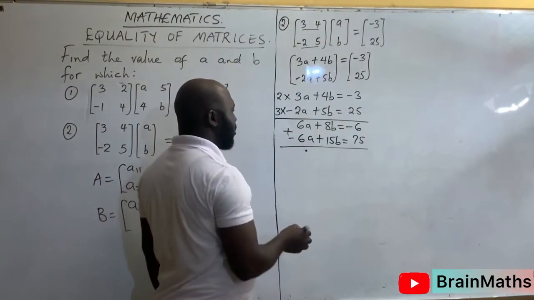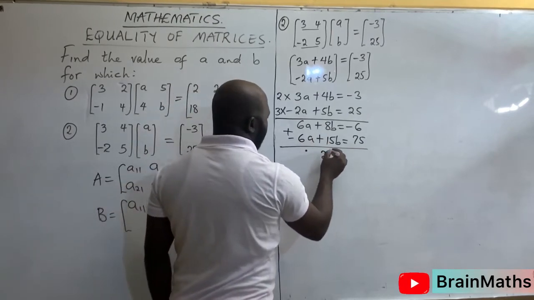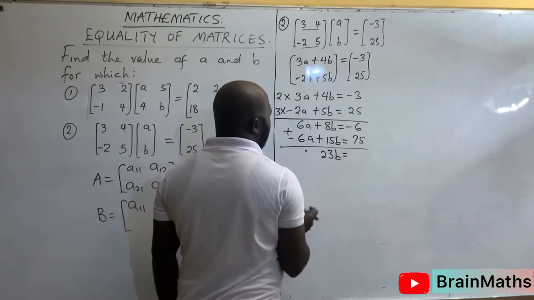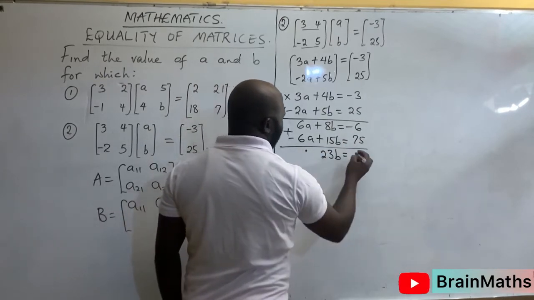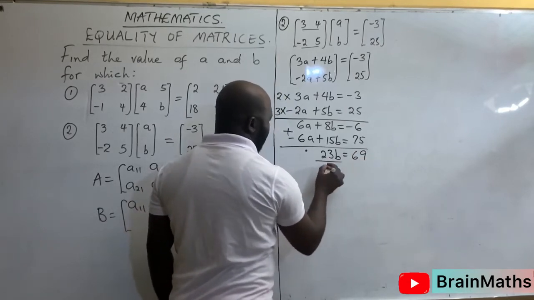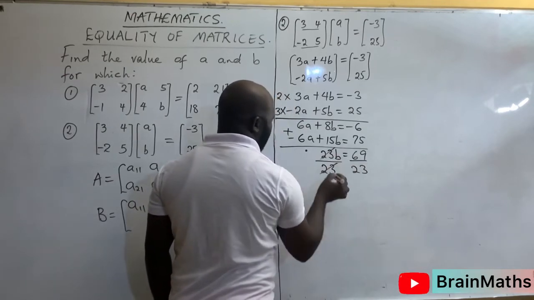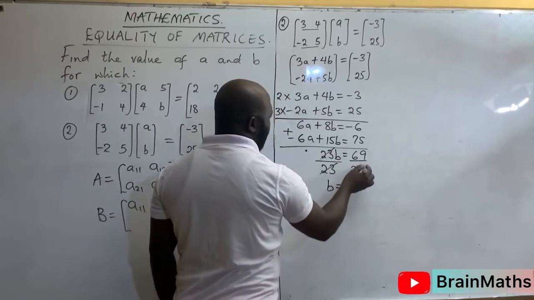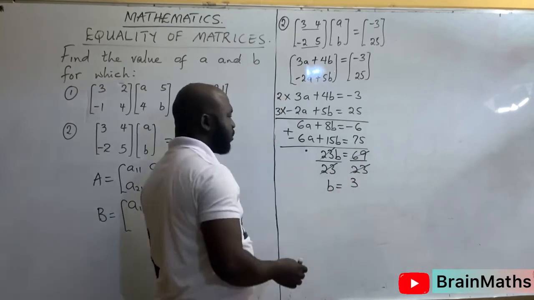So that is eliminated. 8 plus 15 will give us 23B, which is equals to -6 plus 75. That is going to give us 69. So we divide both sides by the coefficient of B, which is 23. So our B now equals to how many? 23 in 69? That is going to be 3.